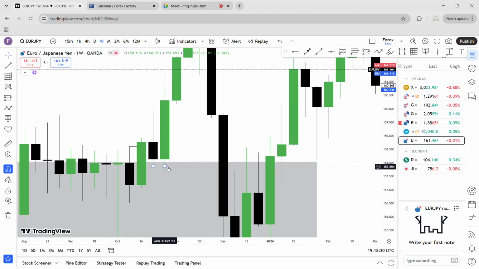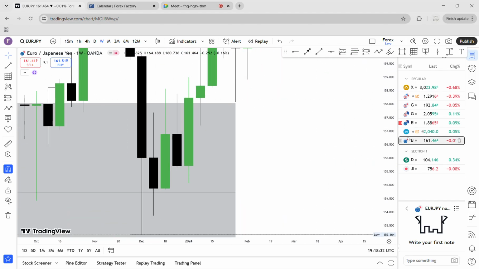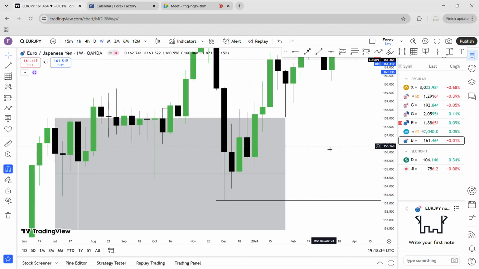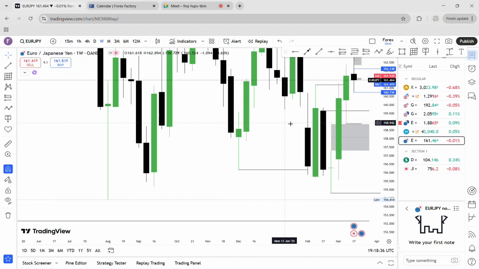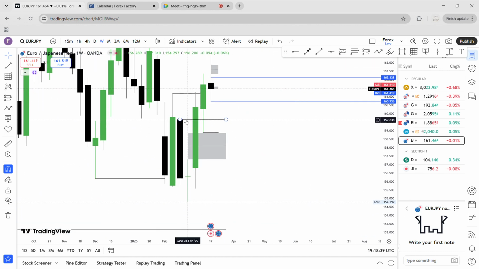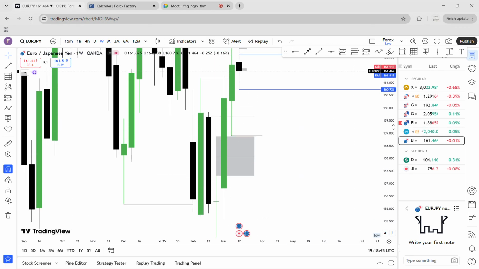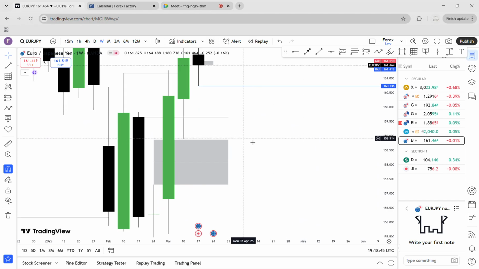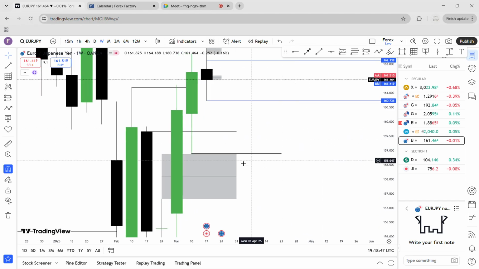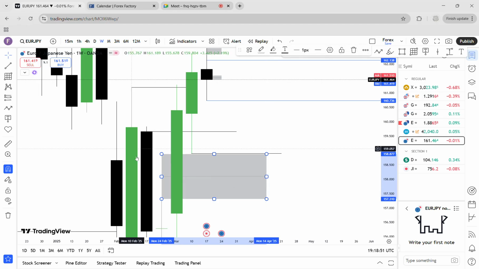Not even to talk about we have inefficiency in that market. It's always like this. We have mitigated this area, right? So this candle is for you to project where you can take your profit from when you get your entry. You understand? We know this inefficiency is a point of interest. This other block is a point.